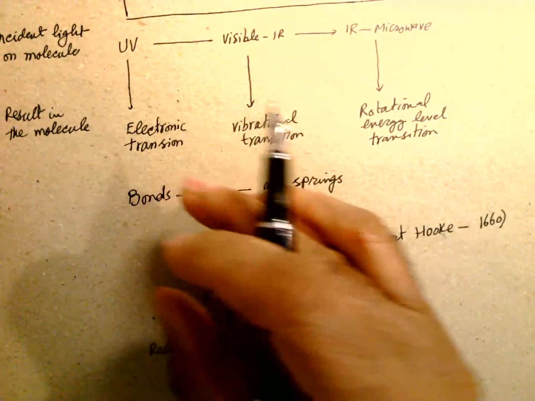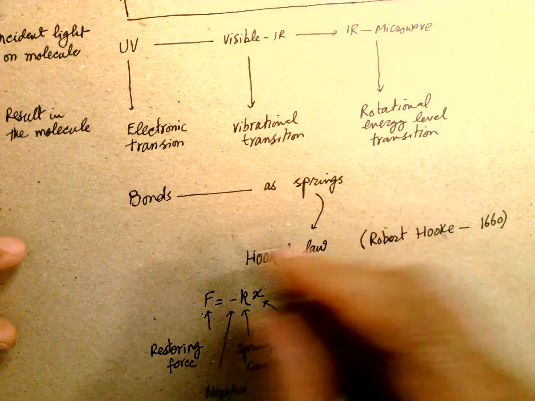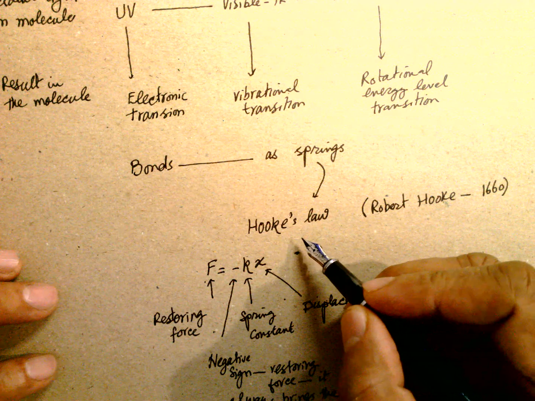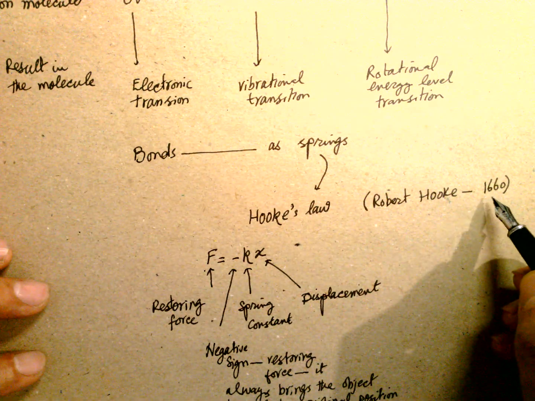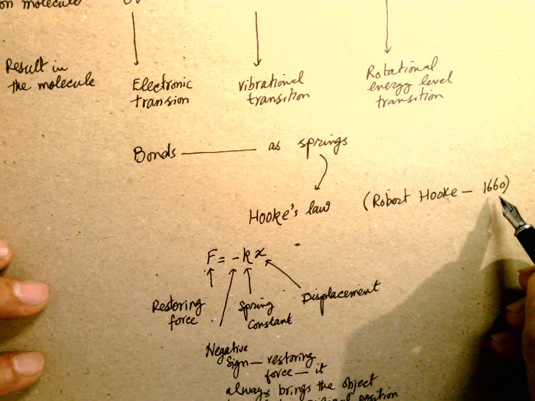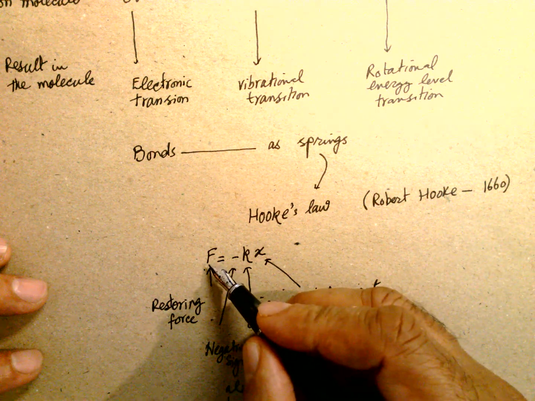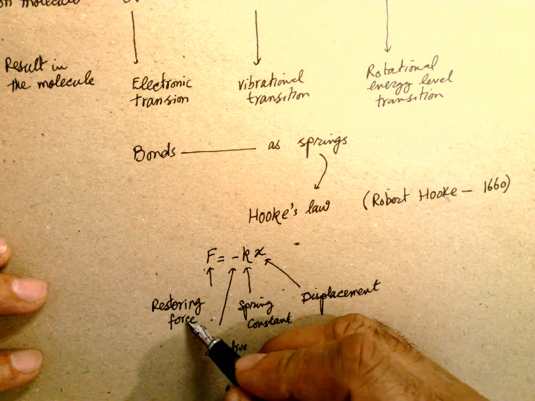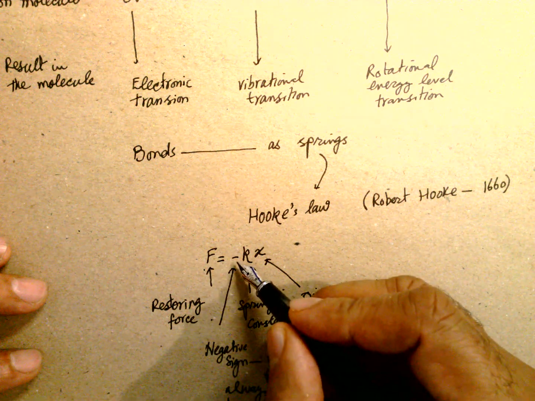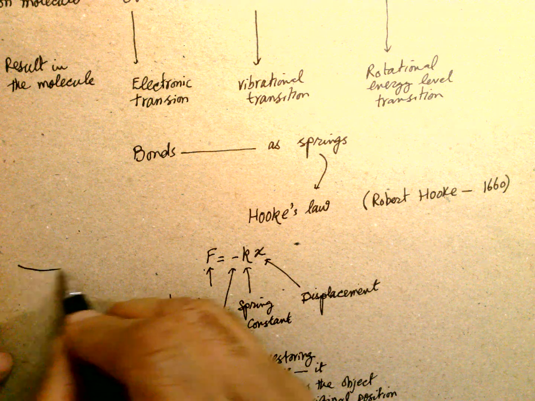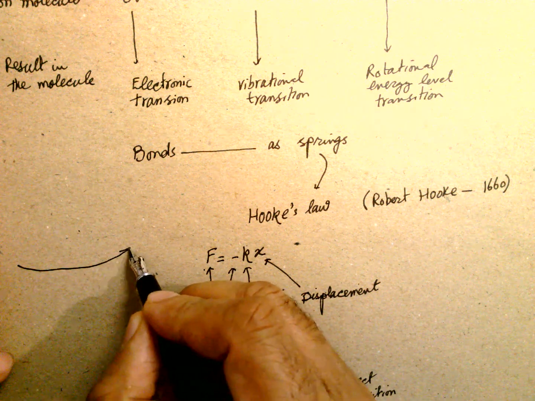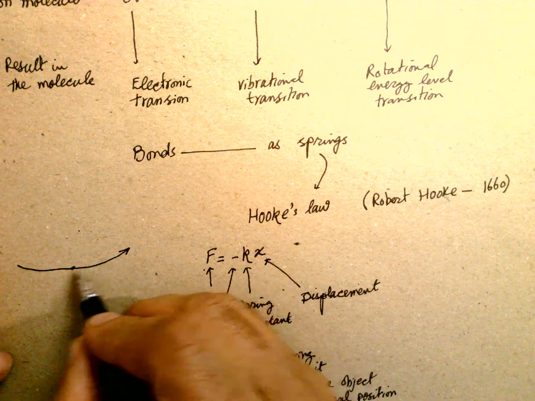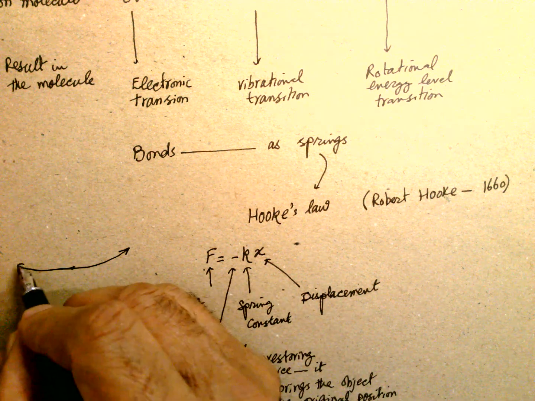The bonds in a molecule can be considered as springs, and they obey Hooke's law, Robert Hooke, 1660, in England. The force is equal to minus kx. F is the restoring force: when the object moves one way, the force brings it back, and the same in the other direction.